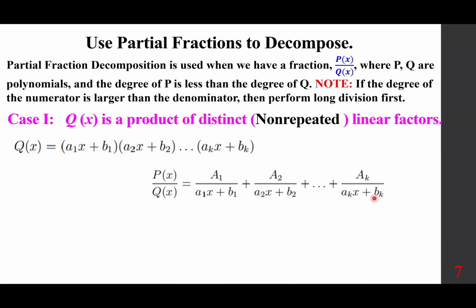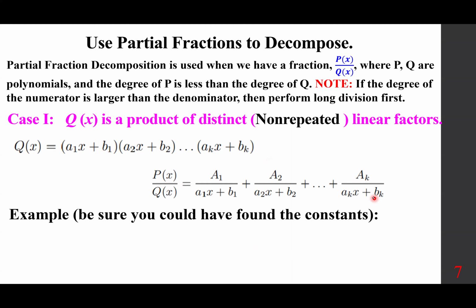A simple example, class. If you have this one, you write it as a over x minus 2 plus b over x minus 1 in any order. And then when you're done, you should end up with this. This is not done, it's just giving you the answer.